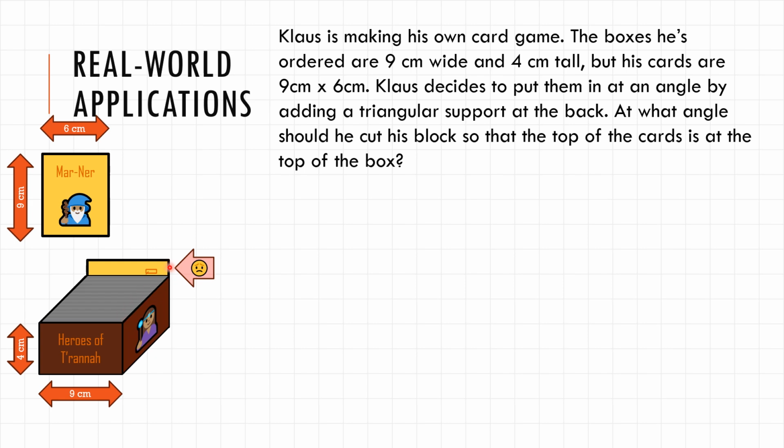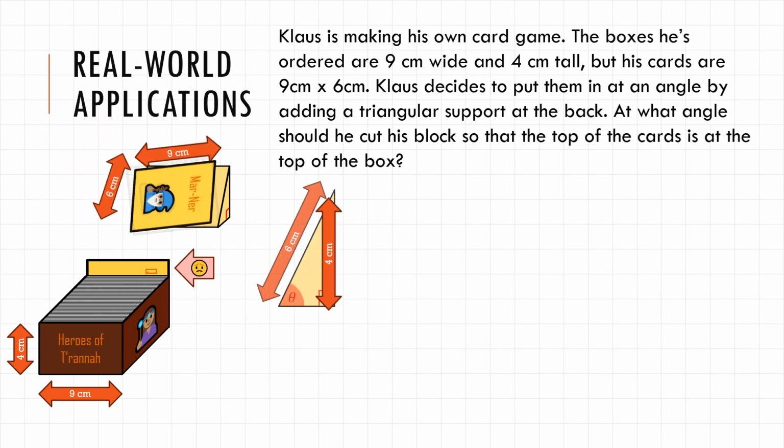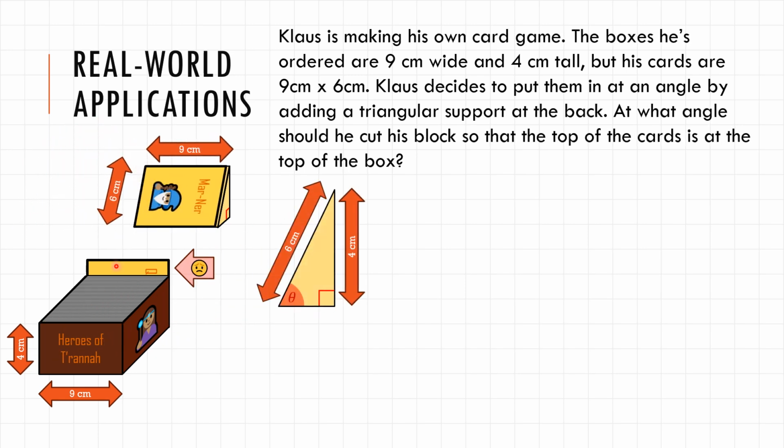So what Klaus decides to do is he puts them in at an angle. So he creates this little triangular block, and he puts this at the back of the box, and then all the cards can lie at an angle, so they're not as tall. And that's sort of what that looks like, right?